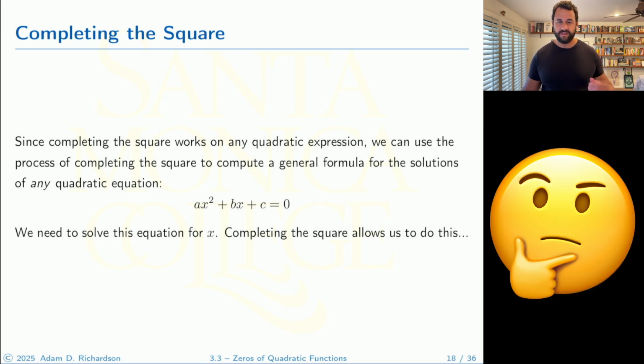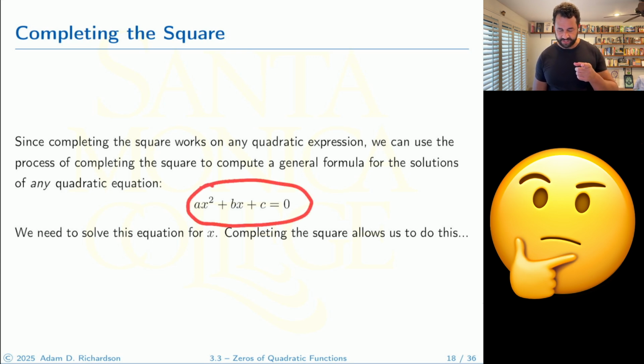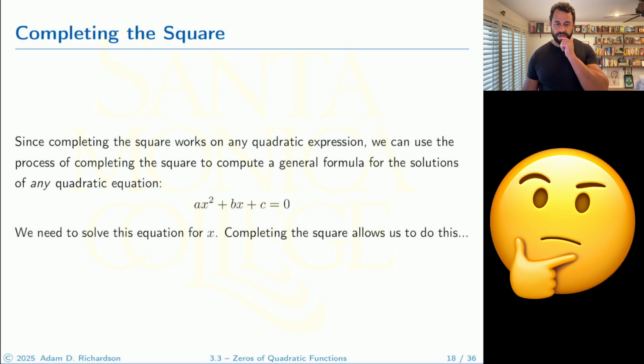He's saying we can complete the square on any quadratic expression. So that means we could find a general form for the solutions of this equation using that technique and using this process that we saw in the previous example. We just need to complete the square on this expression here. That's what we're going to do.